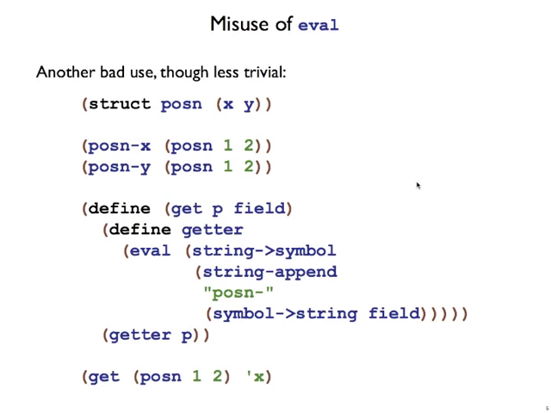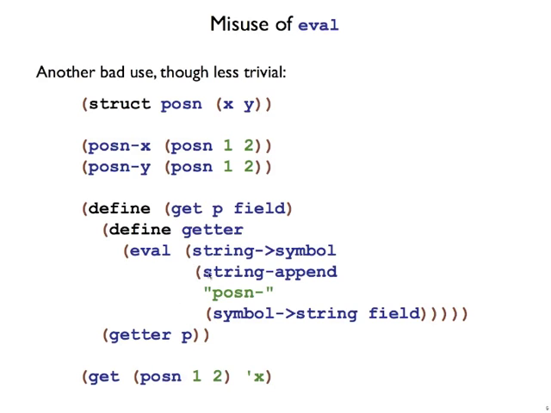Here's a less trivial example where we're using eval to do something that you can't do by just passing a name around. In this case, I wanted a get function that takes a symbol like x and gets the corresponding field out of a posn, where normally we would get a field out of a posn using posn-x or posn-y. And let's say, for whatever reason, I don't want to write posn-, I just want to write an x and pass it to get.